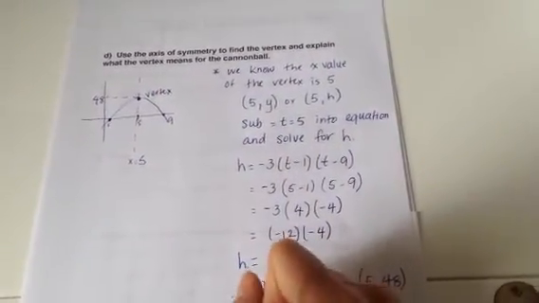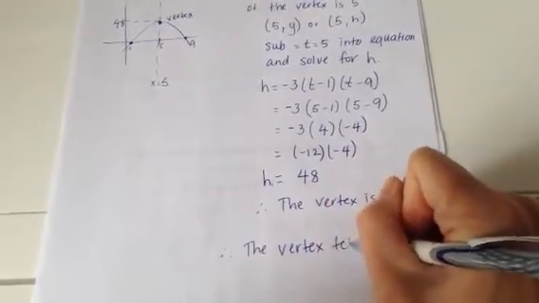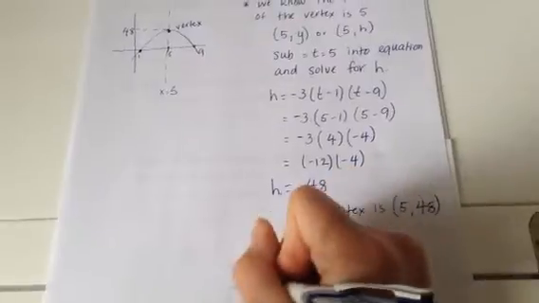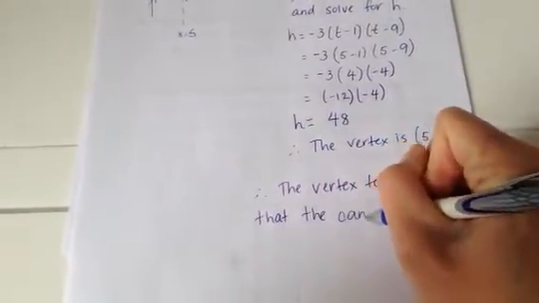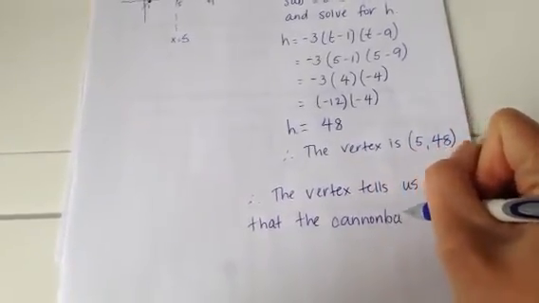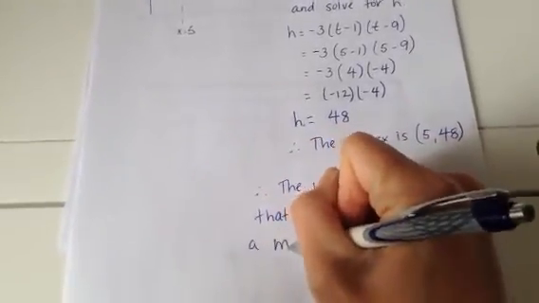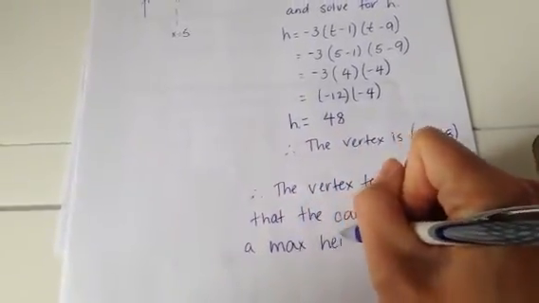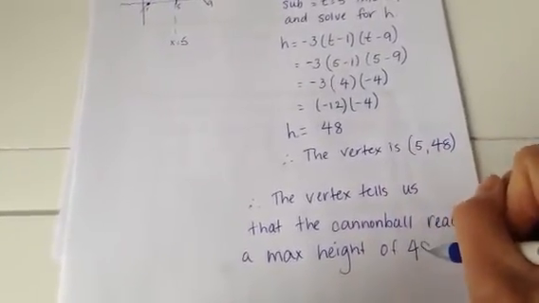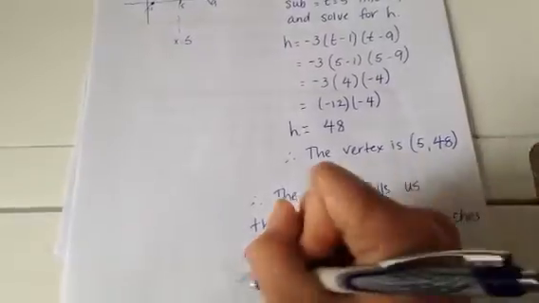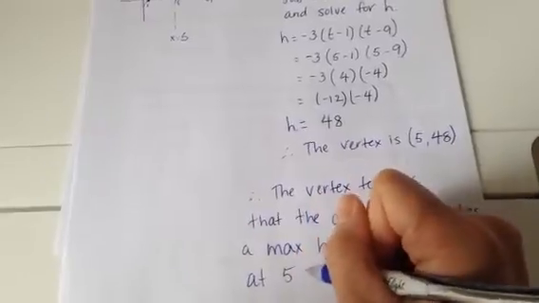Therefore, the vertex tells us that the cannonball reaches a max height of 48 meters at 5 seconds.